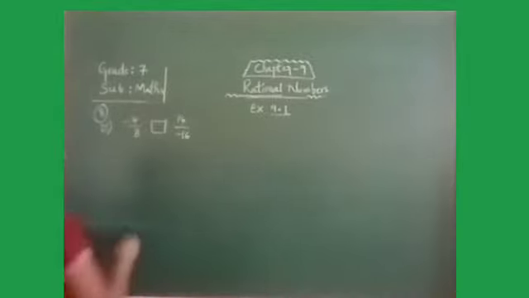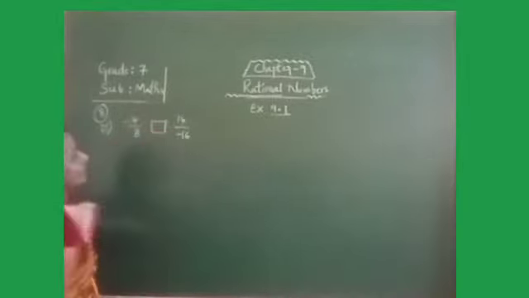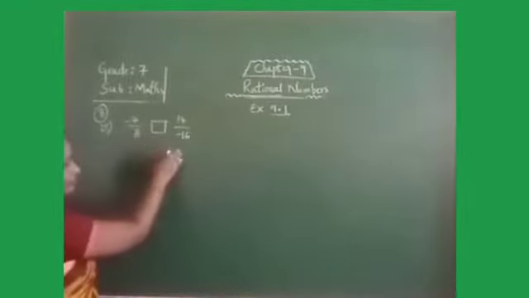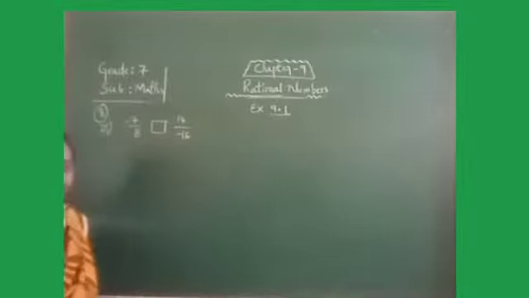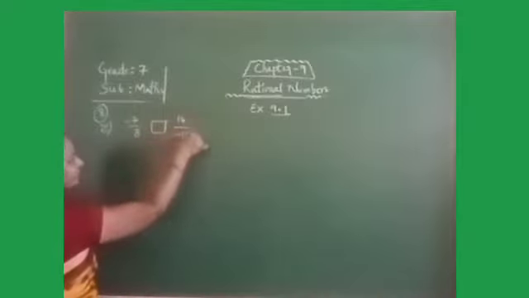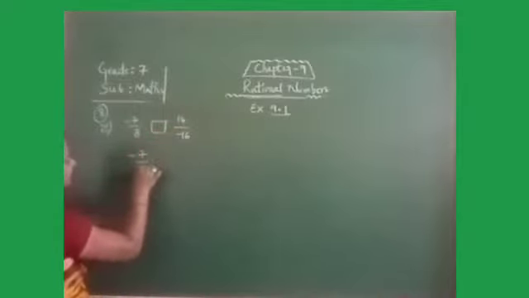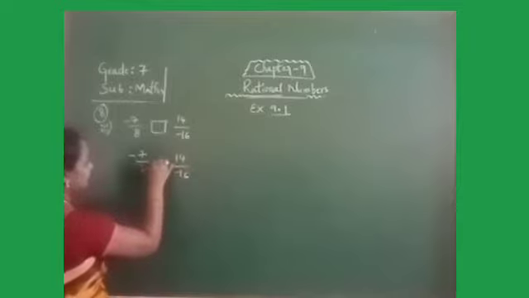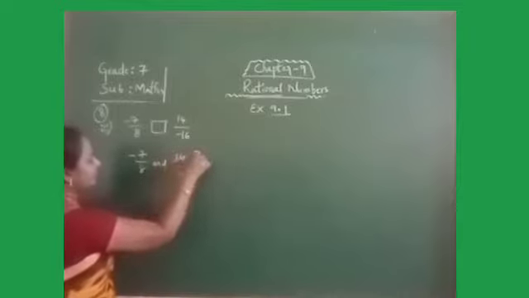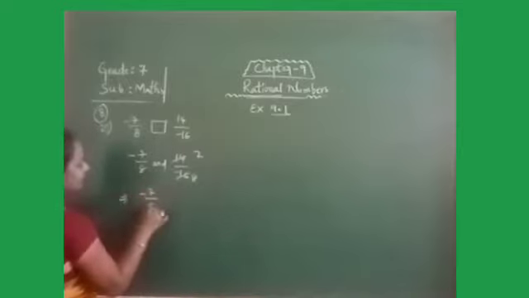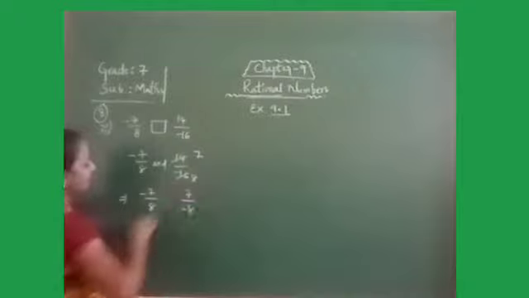Next, the third one: minus 7 by 8 and 14 by minus 16. Here also we have to find the LCM first, but we can simplify this one easily, so there is no need. Simplifying 14 by minus 16 gives 7 by minus 8.